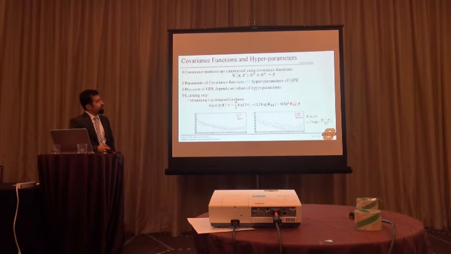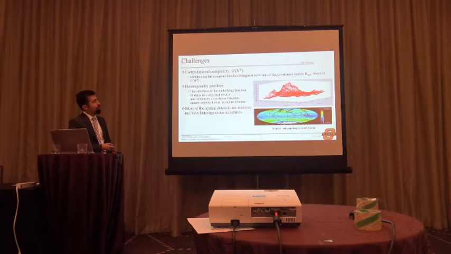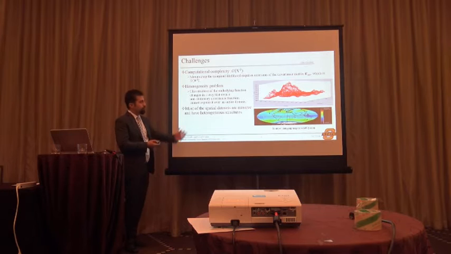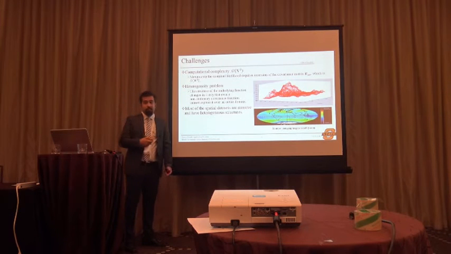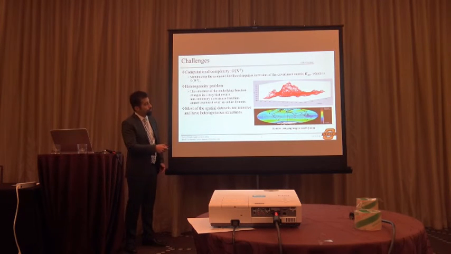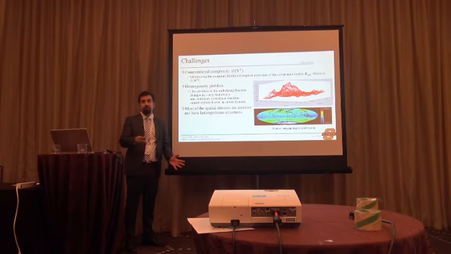For non-stationarity, here the problem is the heterogeneity. This is one of the problems that cannot be handled with this kind of structure. The function behaves differently in different parts of the domain.